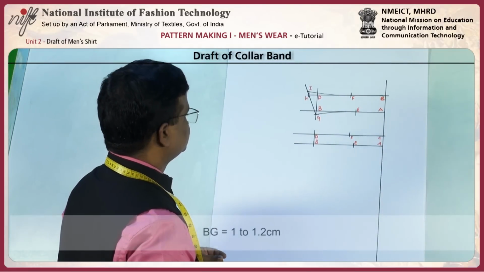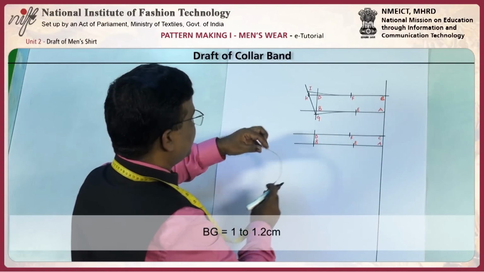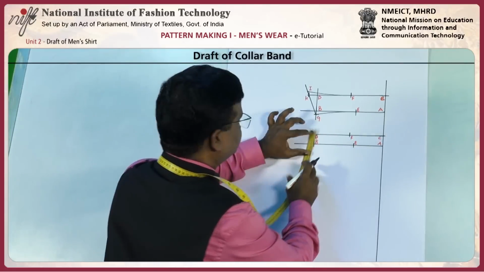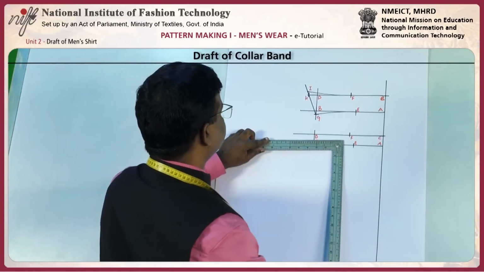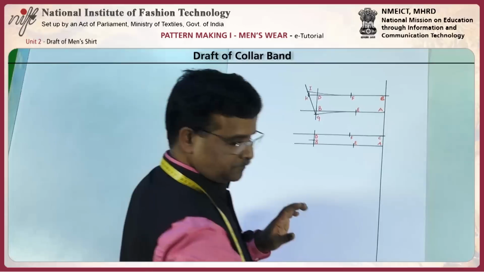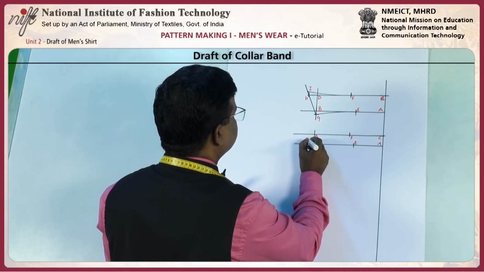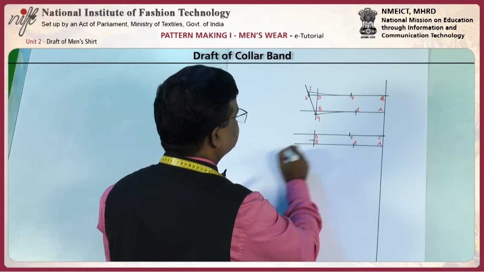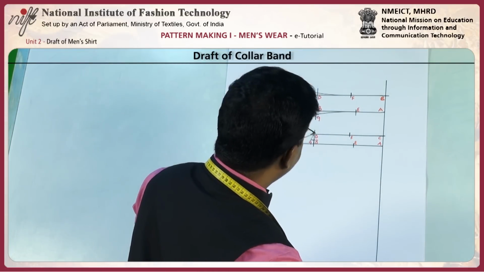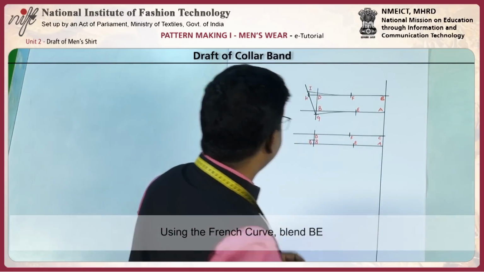B to G, 1 centimeter to 1.2 centimeter. Blend B and E with the help of French curve.